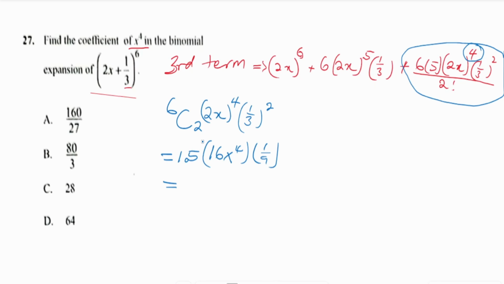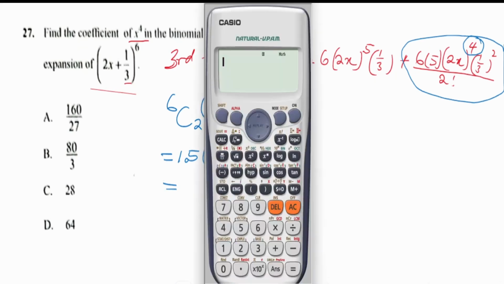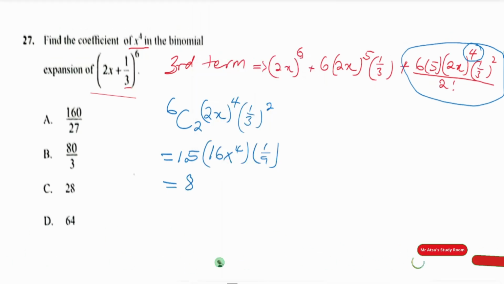Then just multiply 15 by 16 times 1 over 9. If you think the way I said it will confuse you, let's do 15 times 16 times 1 divided by 9. Remember to close the parentheses, and that gives us 80 over 3. So this becomes 80 over 3 x exponent 4.